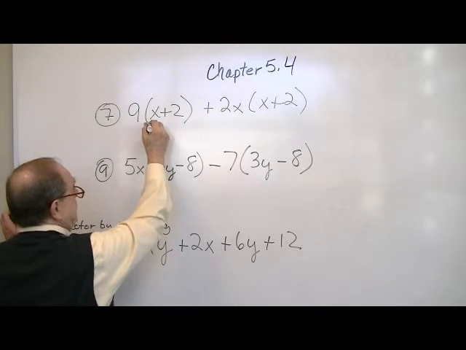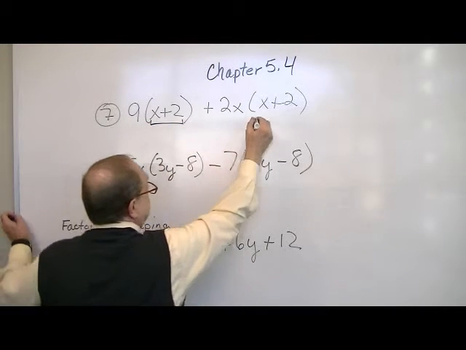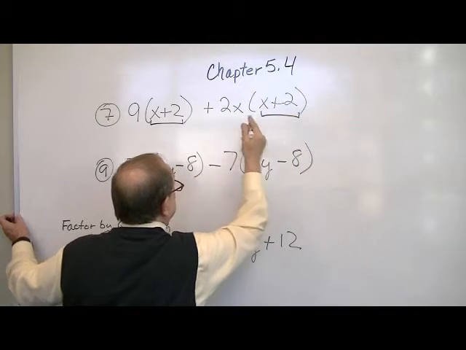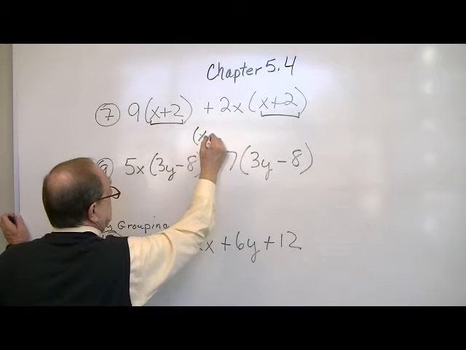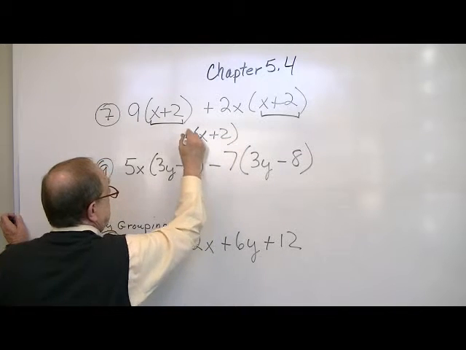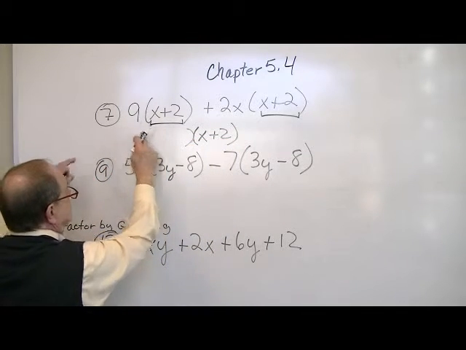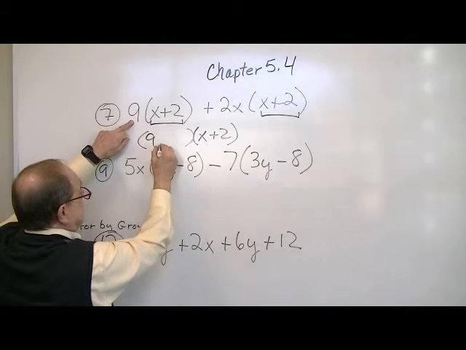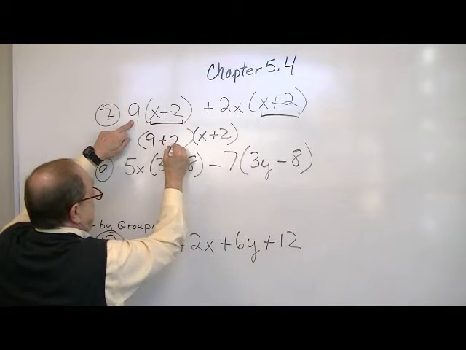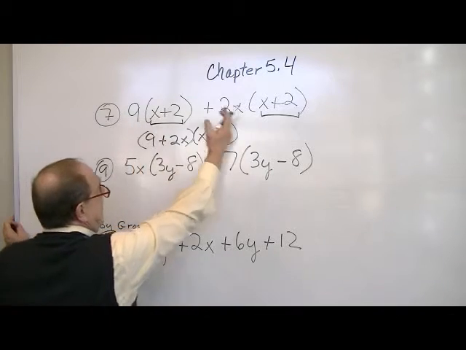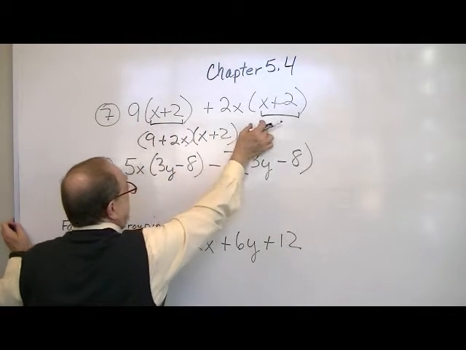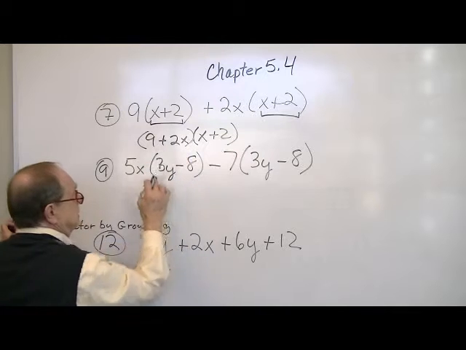And the answer is yes, there is a common factor. So we're going to factor that out. And then put this and that. And now we have factored out the common factor, and this is what we had.